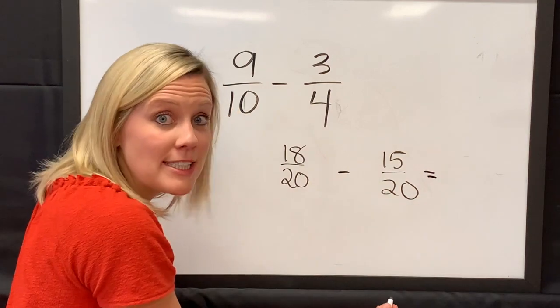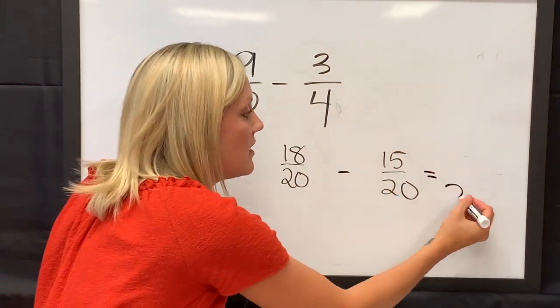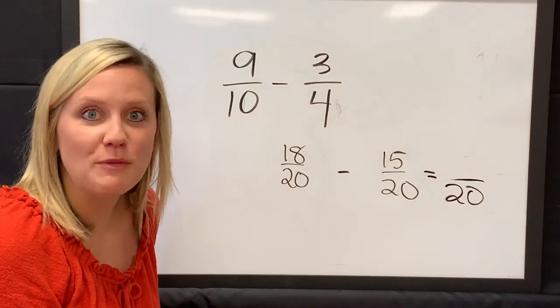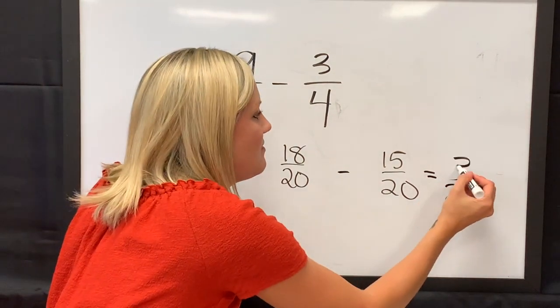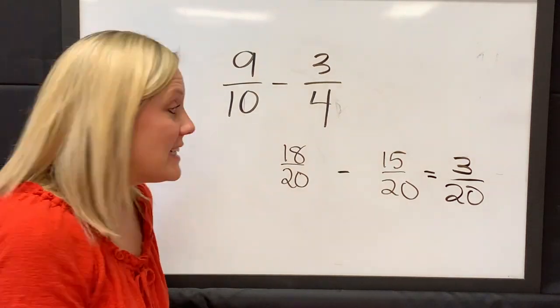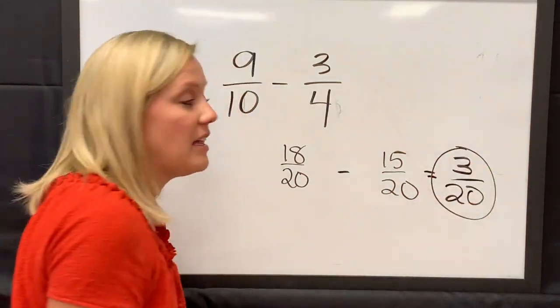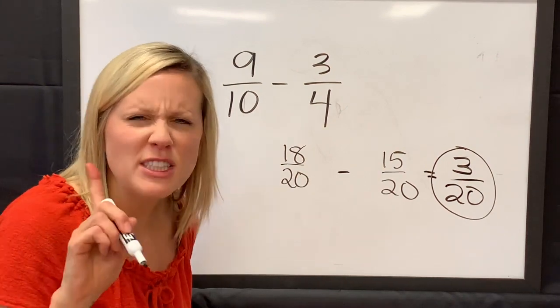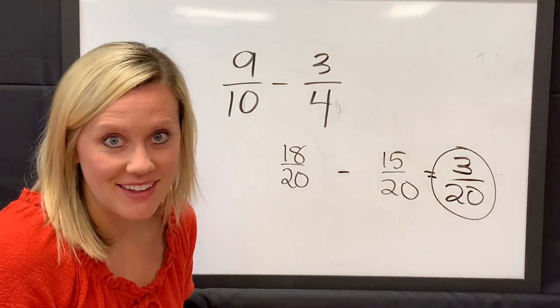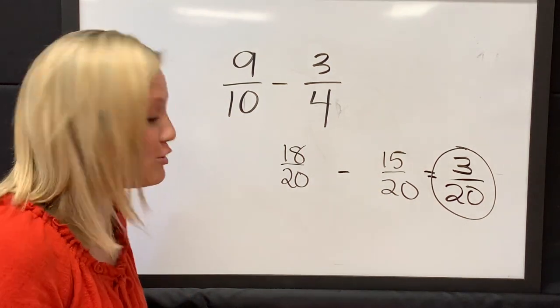So I keep my denominator, 20, and then I just do 18 minus 15, which is 3. 3/20, that's our answer. And that's actually the reduced answer because there isn't a number besides 1 that goes into 3 and 20 evenly. Okay, let's do 2 more.